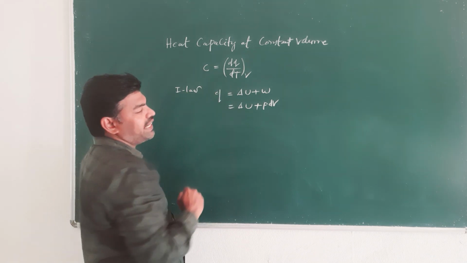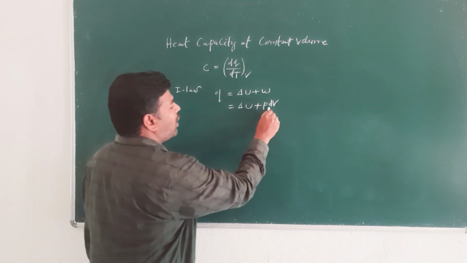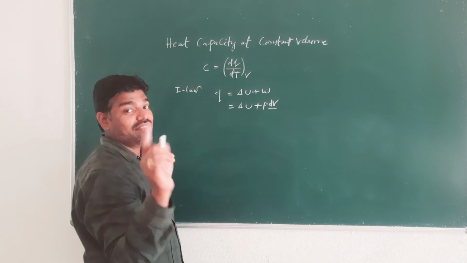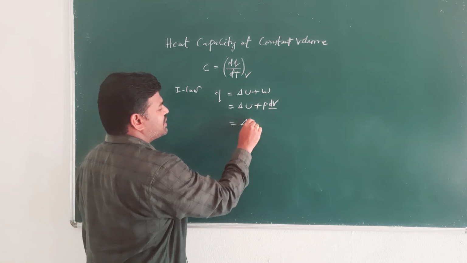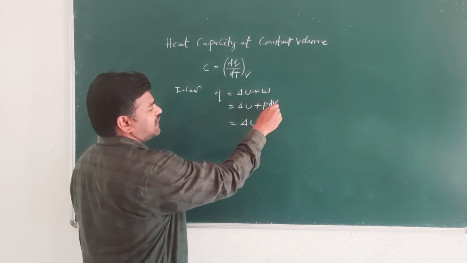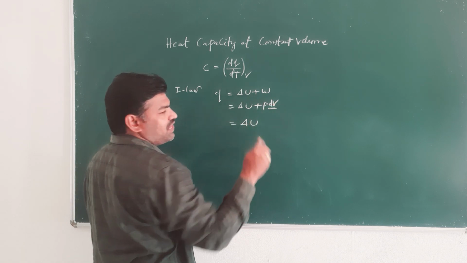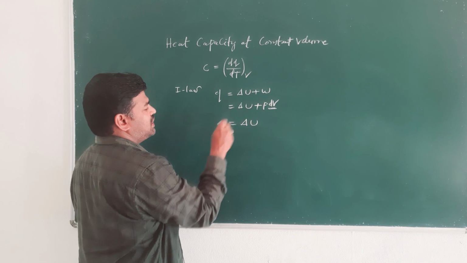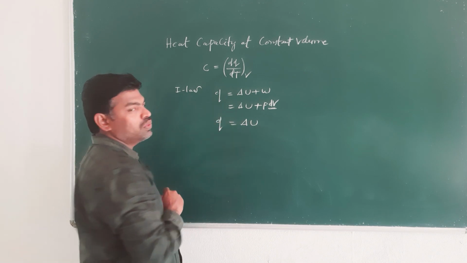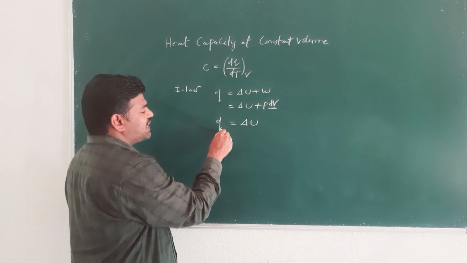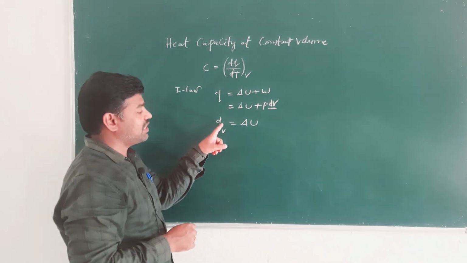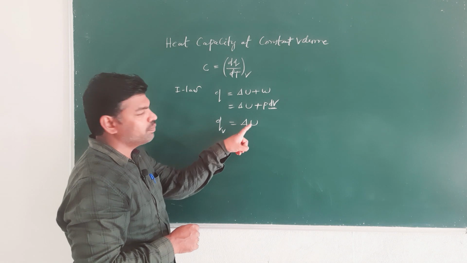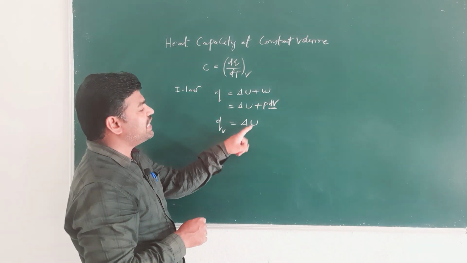So we are conducting at a constant volume, so volume changes are 0, that is dV is equal to 0. So Q is equal to delta U at constant volume. So the heat that we are supplying at constant volume is equal to the change in internal energy.